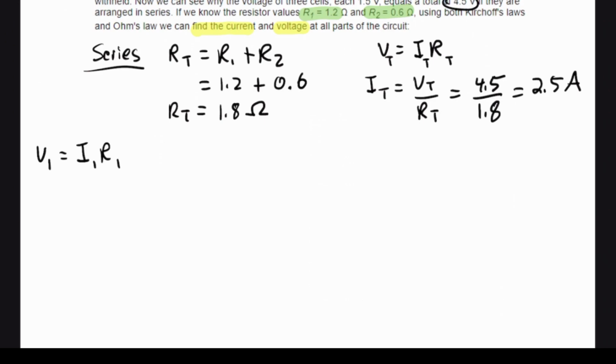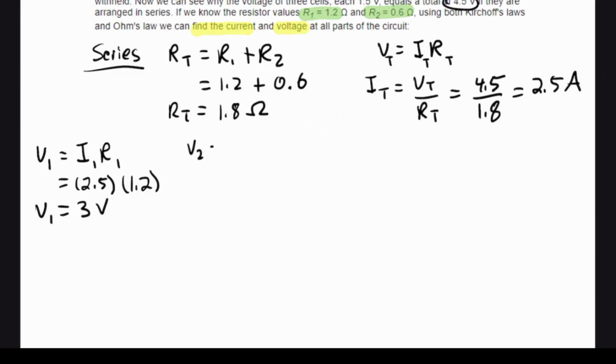I know those values already, and I don't even need to rearrange the equation, so we can drop those values in. The current is 2.5 amps because it's 2.5 amps everywhere in the circuit. The resistance, we were told, was 1.2 ohms for that first resistor. So 2.5 times 1.2 gives us a value of 3. So our voltage drop in the first resistor is 3 volts.